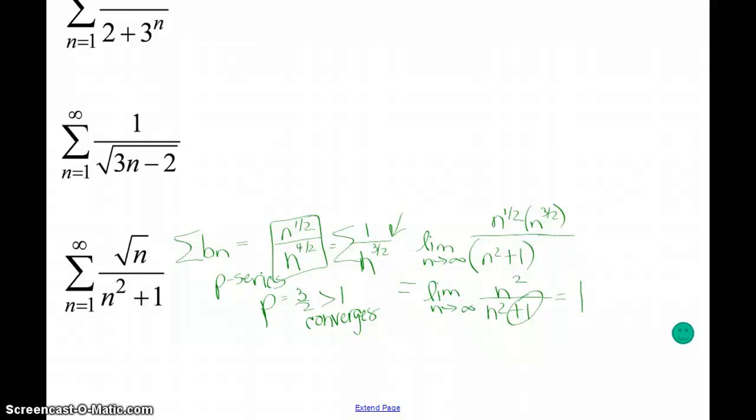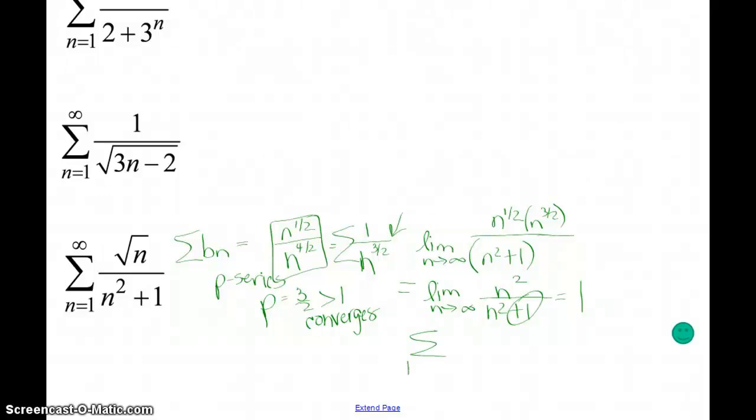Now, if you need to do the 2 iterations of L'Hopital's to get to this result, by all means do them. But in this context, if you're confident in your work and you're consistently correct, I'm going to let you take some liberties on evaluating the limit. But your result better be right every time.